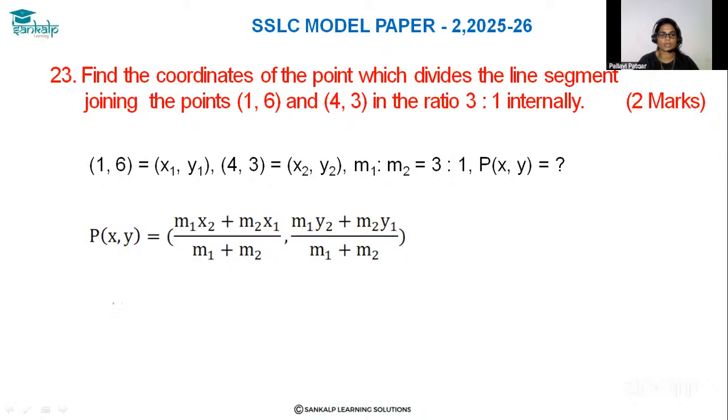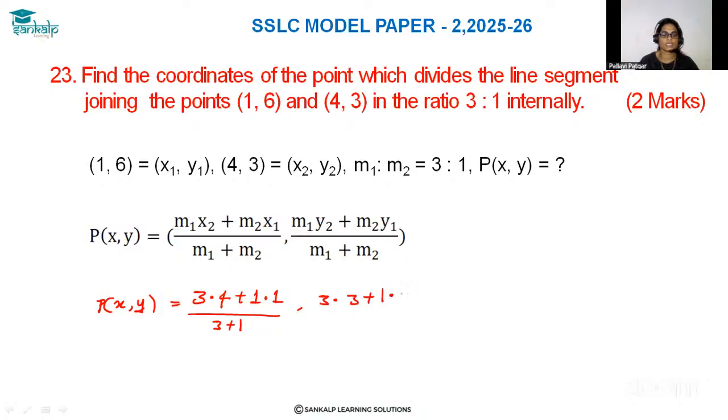So P(x,y) is equal to, m1 is 3 into x2 is 4 plus m2 is 1 into x1 is 1, divided by 3 plus 1, comma, m1 is 3 into y2 is 3, plus 1 into m2 is 1, y1 is 6, divided by 3 plus 1.